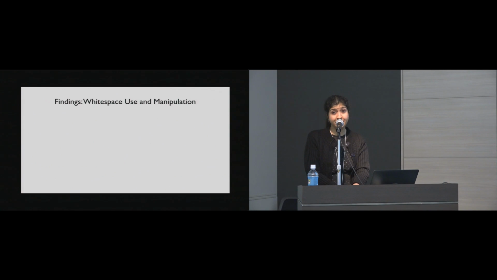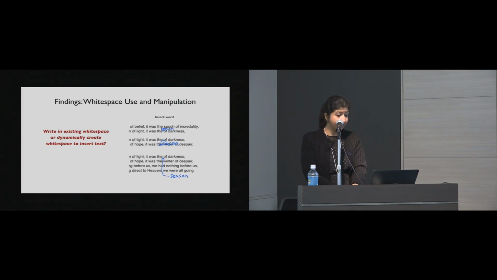We actually found some surprising behaviors regarding how participants treated white space. For example, for the insert word task, most participants found existing white space in which to write the word, but a few others did not, such as the second example shown on the slide.